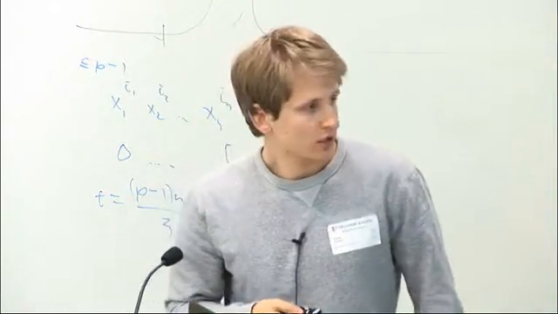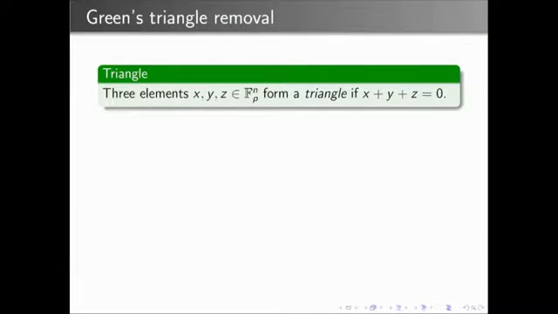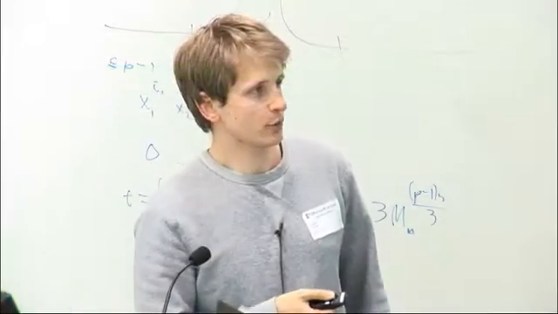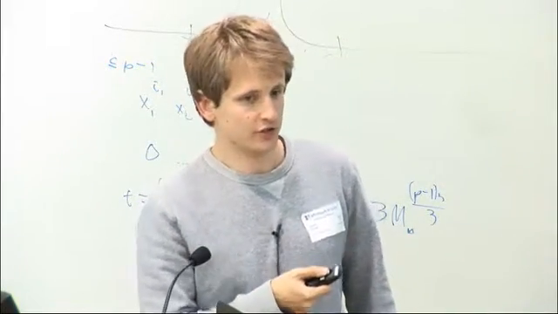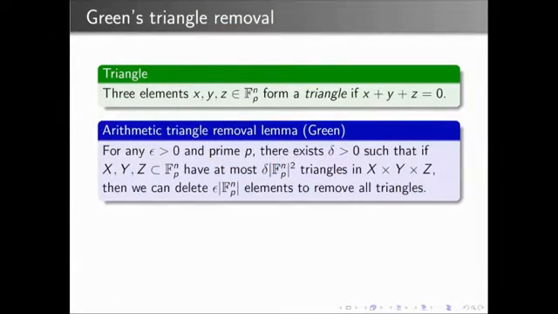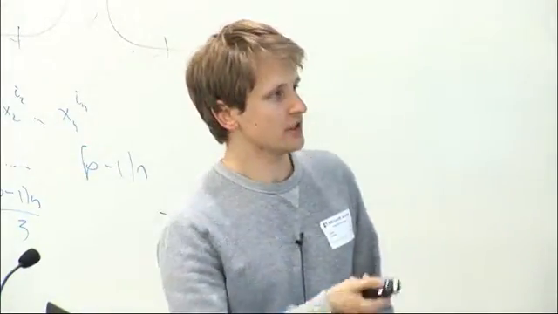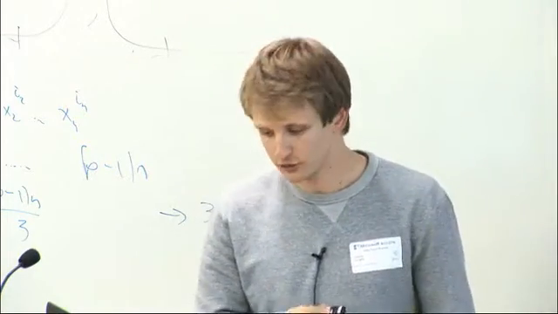OK. So now let me move on to the arithmetic removal lemma. So again, if we have F_p to the n, we'll say 3 elements form a triangle if they sum to 0. And Green proved an arithmetic triangle removal lemma, which is basically the arithmetic analog of the triangle removal lemma.